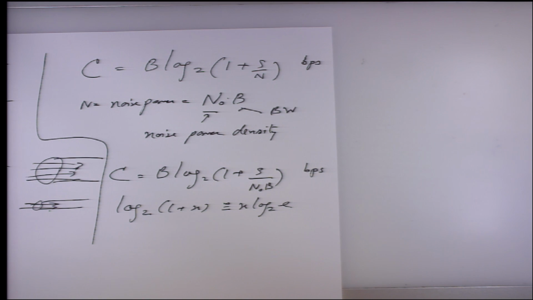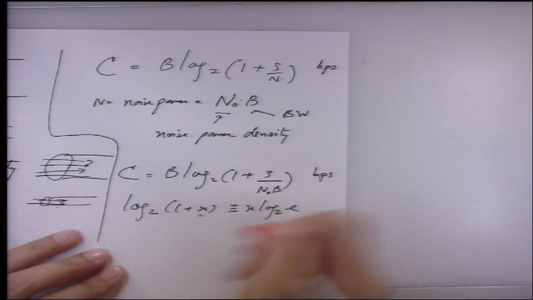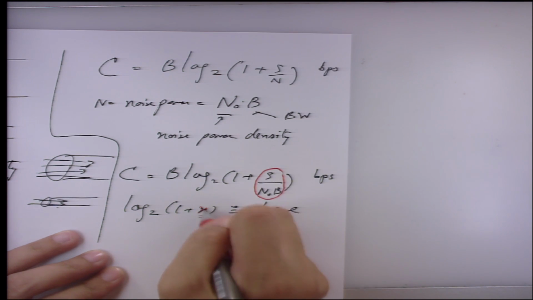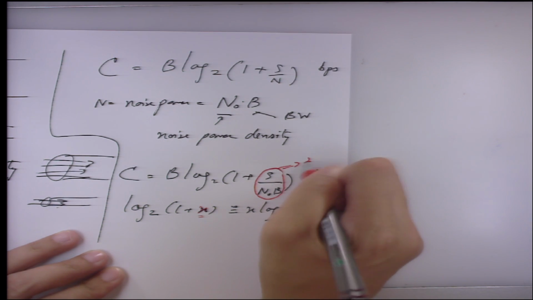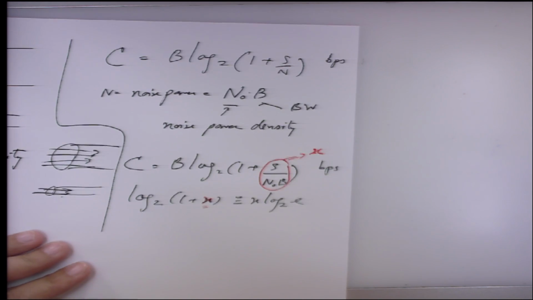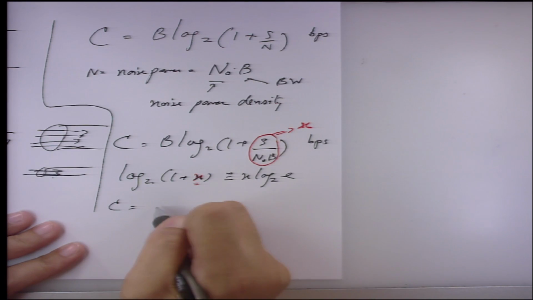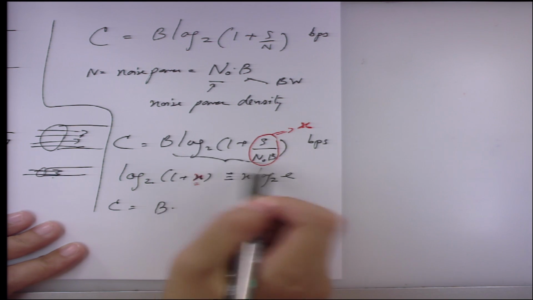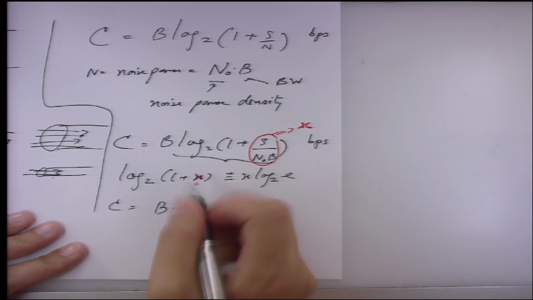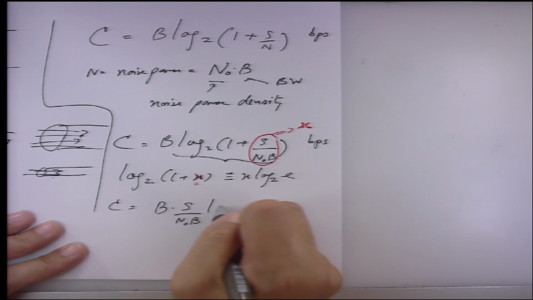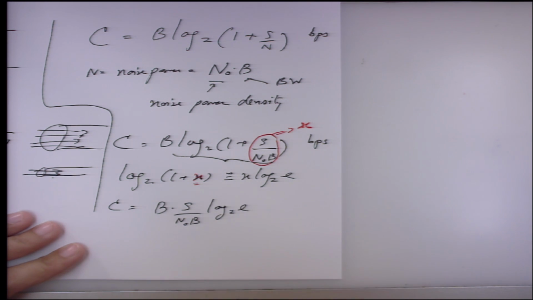If I let x equal S over N naught B, then C will equal B times S over N naught B times log base 2 of e.